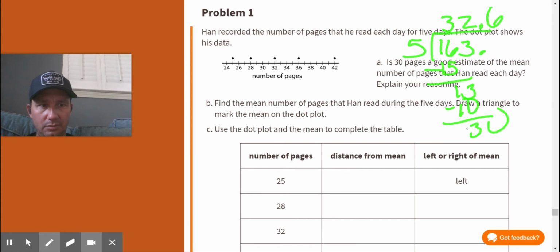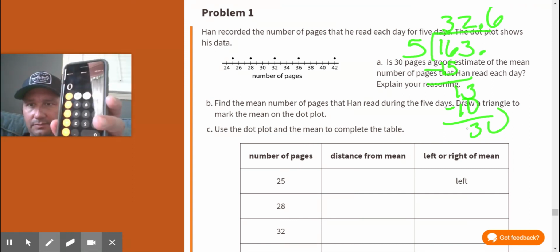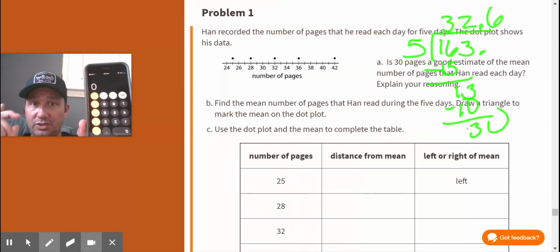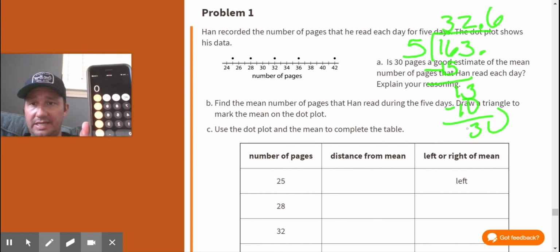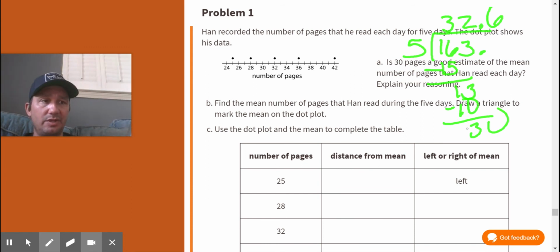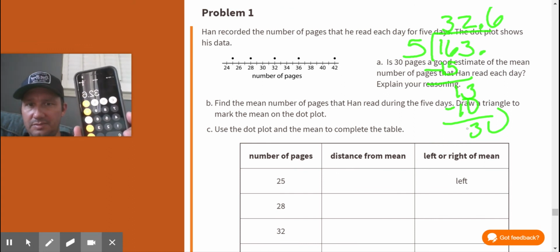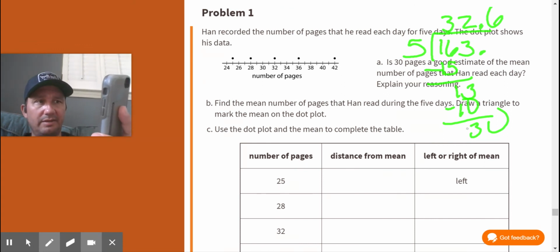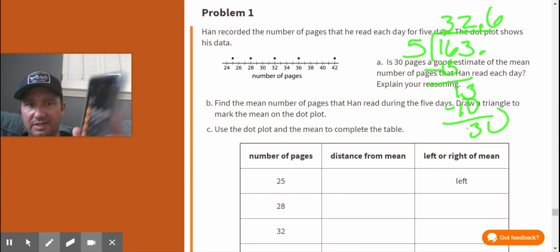Okay, good. When you're using the calculator, just be careful. But these are fairly easy. You can just type in the mean, which was 32 and 6/10, and just always hit, I'm subtracting the 25 away. It's a distance of 7 and 6/10.